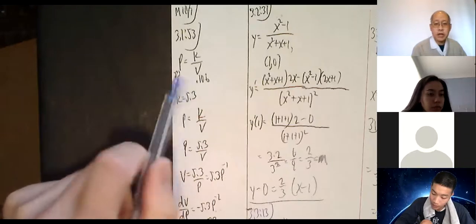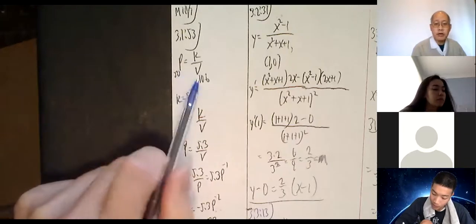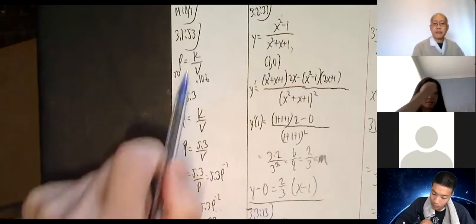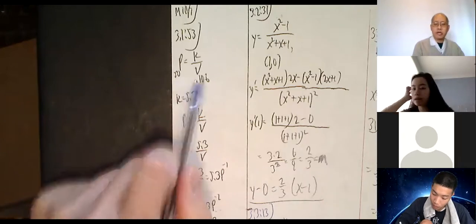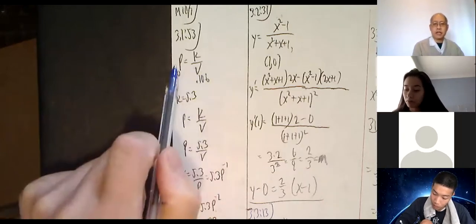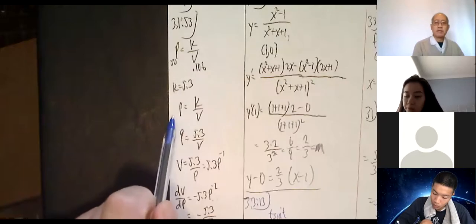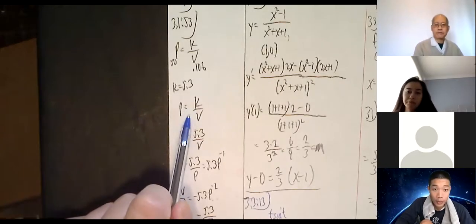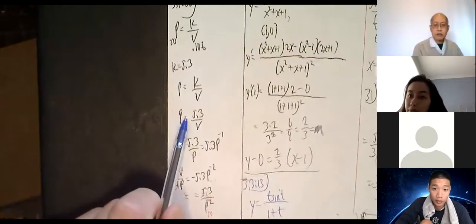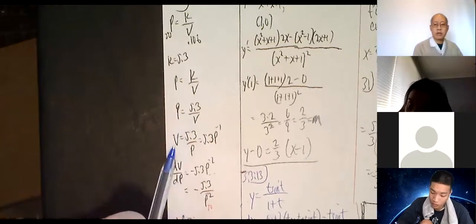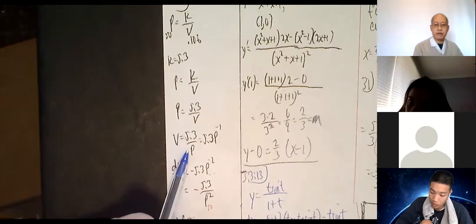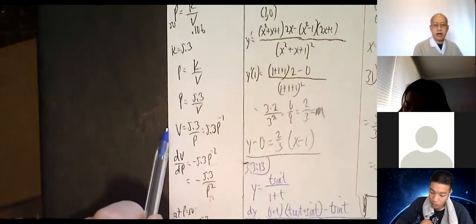All right, so I just plugged those in and multiplied these two together, and K is 5.3. In other words, 50 times 0.106. If you multiply both sides by 0.106, then K is 5.3. So P is K over V. P equals 5.3 over V, okay, which I could also write as V equals 5.3 over P. Do a little bit of algebra there.